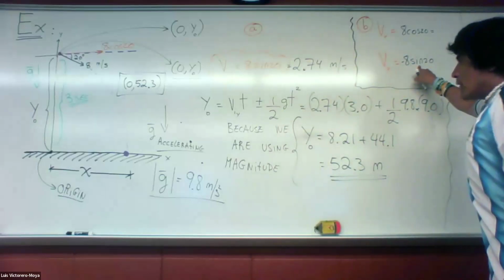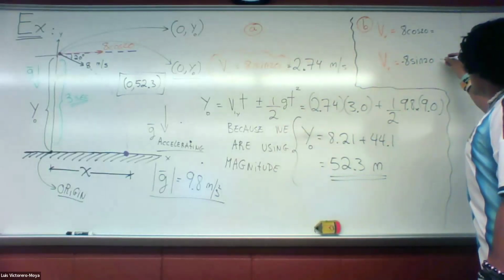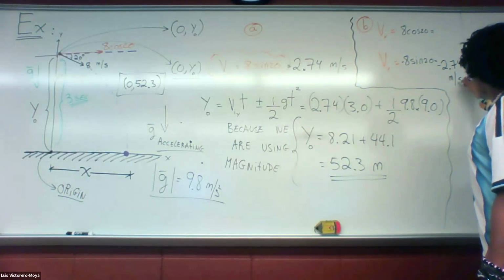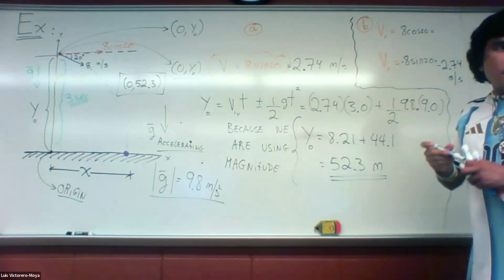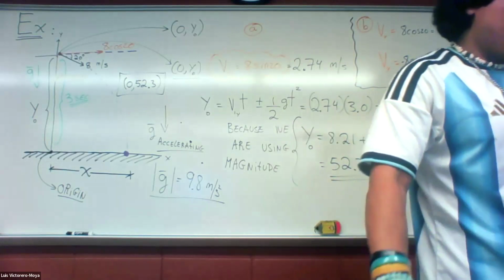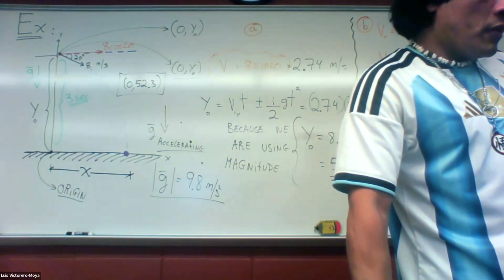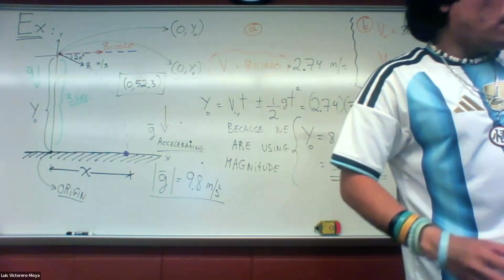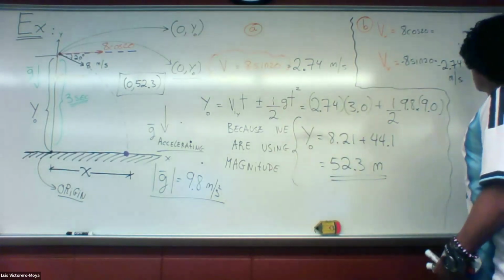So this one we found already. This one was 2.74, so negative 2.74. All right. And A cosine 20 is just going to be bigger than that because of the angle. 7.52.